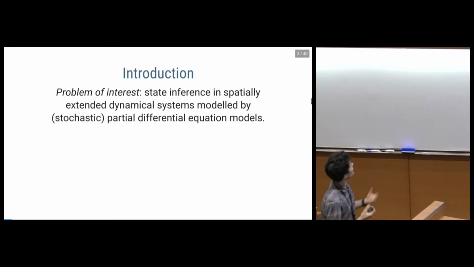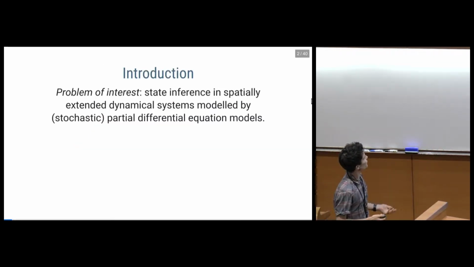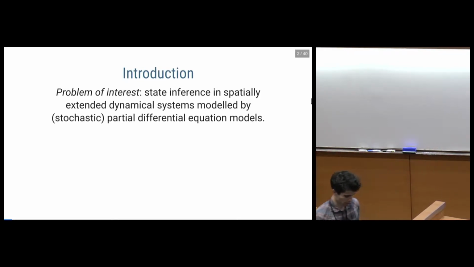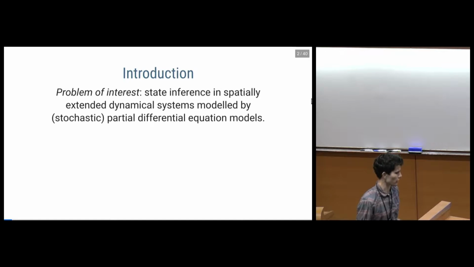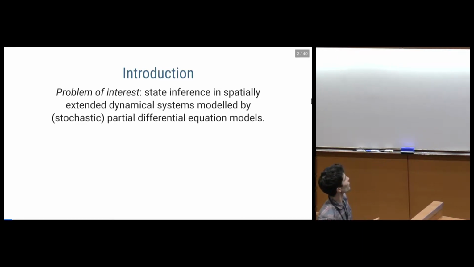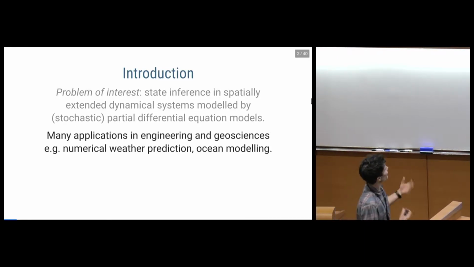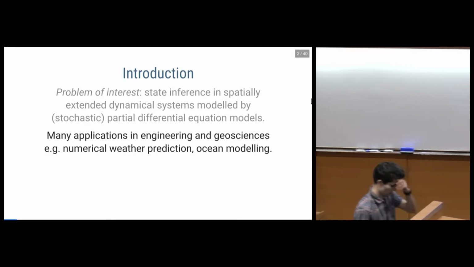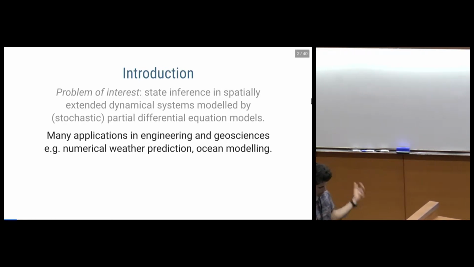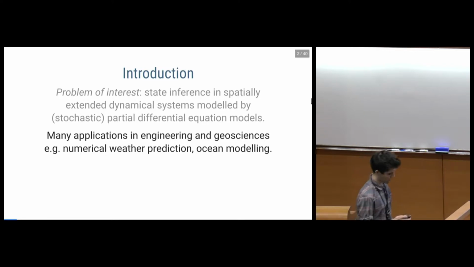So yeah, the problem we're going to be interested in is performing inference in some spatially extended dynamical system, and usually that will be defined by some partial differential equation model, often with some stochastic element. The typical applications we might imagine for this are things from the geosciences, like numerical weather prediction or ocean modeling.